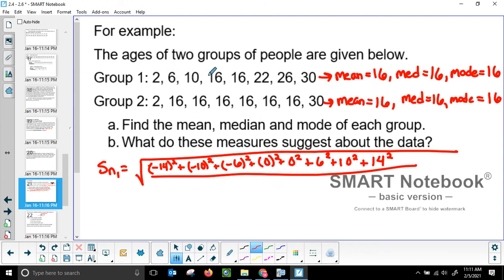There's 1, 2, 3, 4, 5, 6, 7, 8. So we divide that by 8. If we actually do that in our calculator, we will get 9.11.